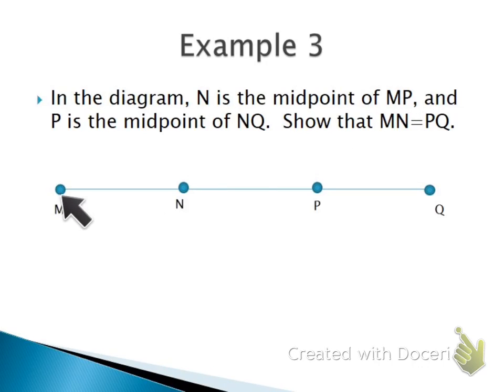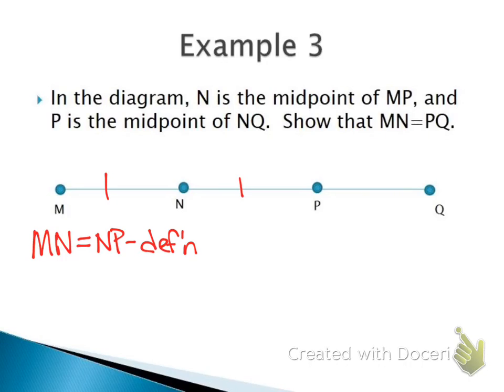What does that mean about segments MN and NP? They're congruent. So I can mark that in my diagram, and I could also say that down here. I know that MN is equal to NP because of the definition of a midpoint.